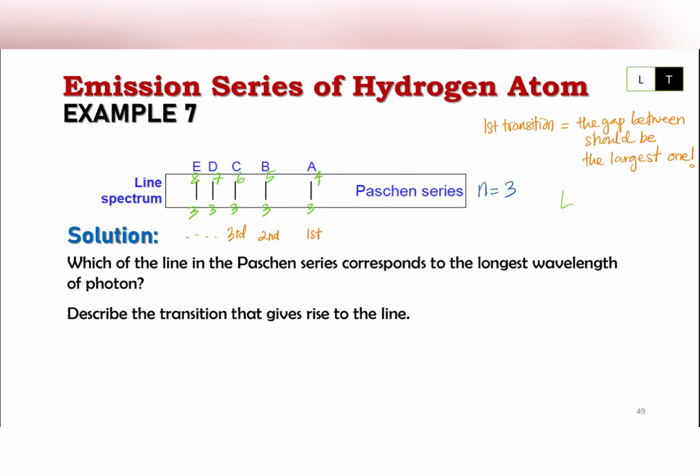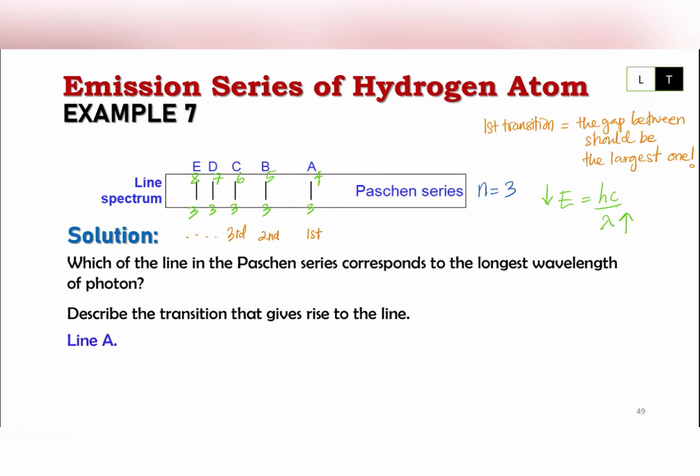Using the formula E equals hc over lambda, when you get the lowest energy, of course it will have the highest wavelength. So the question asks which one has the longest wavelength, and of course it's going to be the first line, which is line A. This is the first answer.